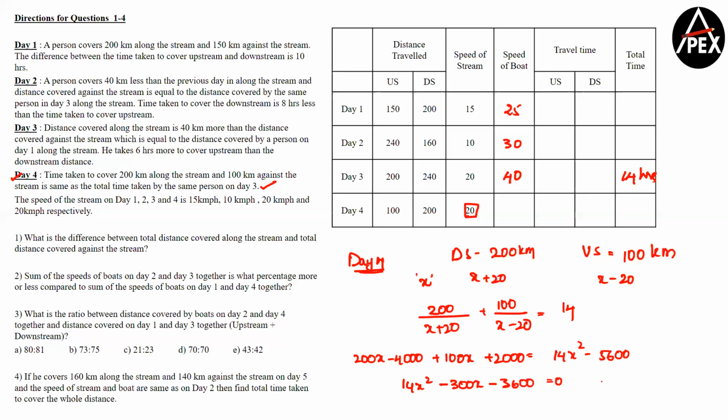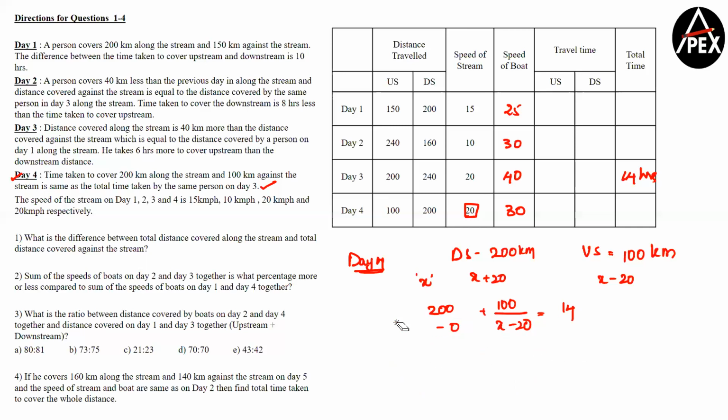If you solve this, you will get x is equal to 30. So on day 4, the speed of boat is 30 km/h. If you substitute 30 here, it will be 200 by 50, which is 4, plus 100 by 10, which is 10. So total 14. So the speed of boat on day 4 is 30 km/h.